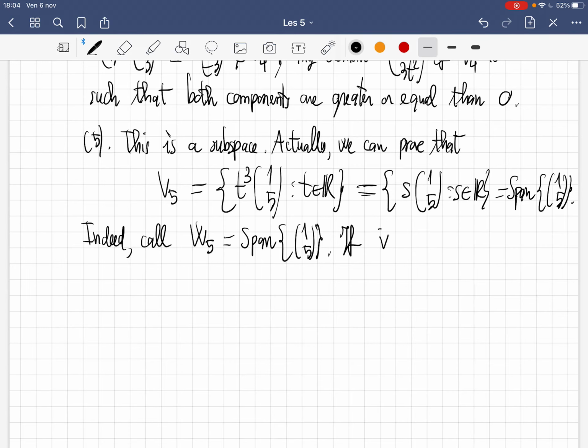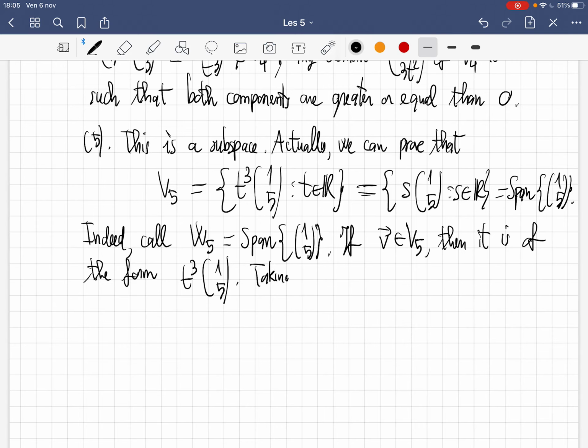If v is in V5, then it is of the form t cube (1, 5). Taking s equal to t cube, we immediately see that v is also in W5.